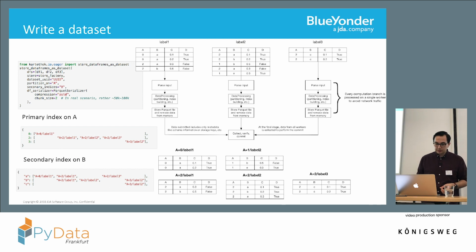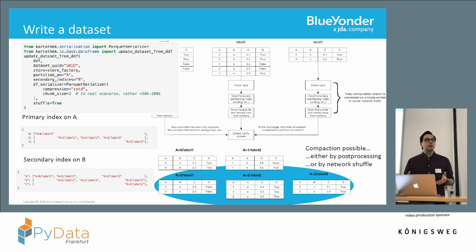important for your performance. I told you before that Kartothek, so this is nothing very special, even Dask can do this, especially partition on, this is a standard feature of Dask. But what Kartothek offers you is the indexing, and it gives you a little bit more control about how the files look like. So for instance, if you look at the bottom 3 files, all have the same value.